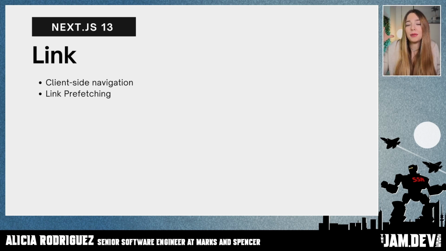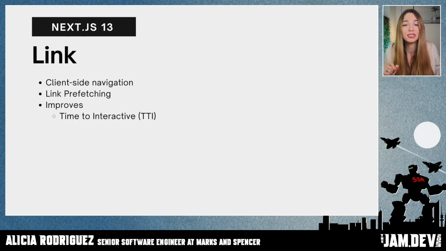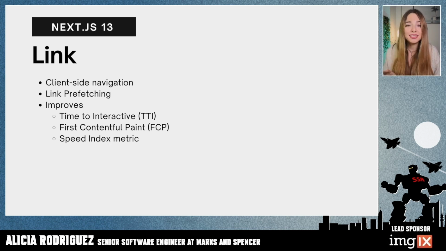This reduces the time it takes for a new page to load, which means that it improves the time to interactive metric and also the first contentful paint metrics. Link preloading also loads critical assets for a new page before the user clicks on a link. By loading this in advance, we can decrease the data that needs to be downloaded when a new page is loaded, improving the speed index metrics.